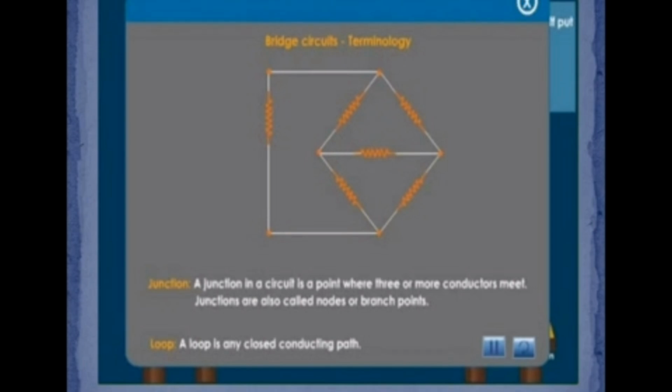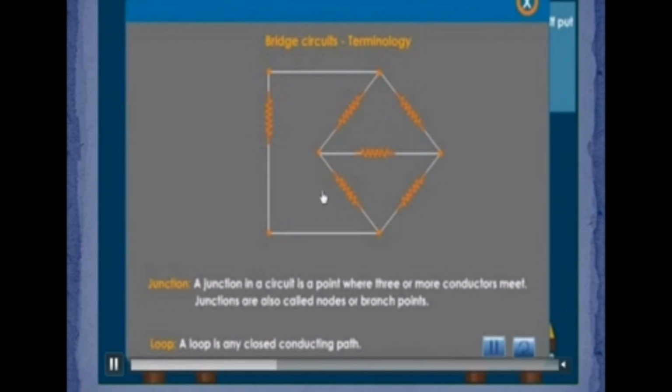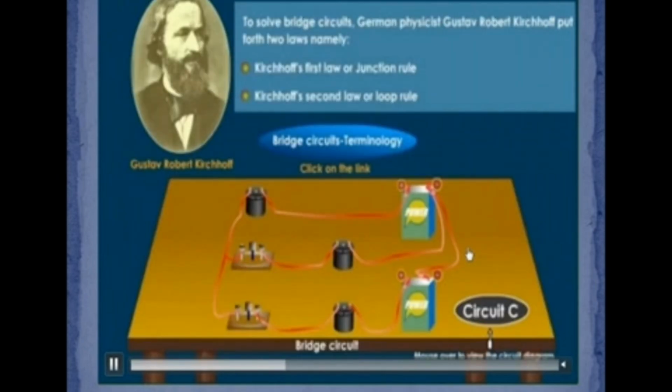The loop is any closed path. So this is a closed circuit, it should be a closed circuit. In this closed path, three or more junctions are connected, then we can apply the Kirchhoff first law or first rule. It says the algebraic sum of current flowing at any junction is 0. அதாவது என்ன அர்த்தம்னா எத்தனை லைன்ஸ் வந்தாலும் சரி, 3, 4, 5 எவ்வளோ கரண்ட் வந்தாலும் சரி, the junction current becomes 0.